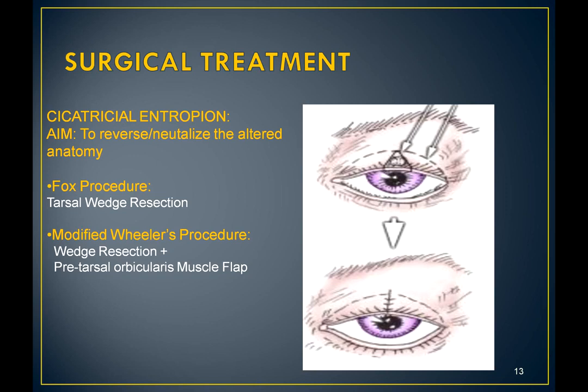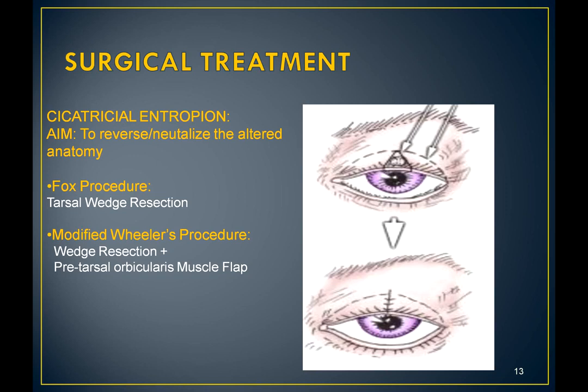What do we do? We take a triangular piece of the tarsal plate, say a triangular wedge, dissect it, and then join the margins together, and we achieve the result. We have reversed the pull. Now the eyelid becomes normal and cicatricial entropion is over.